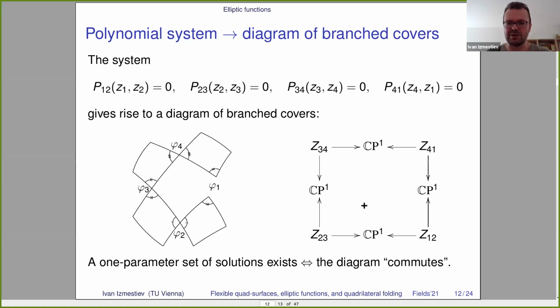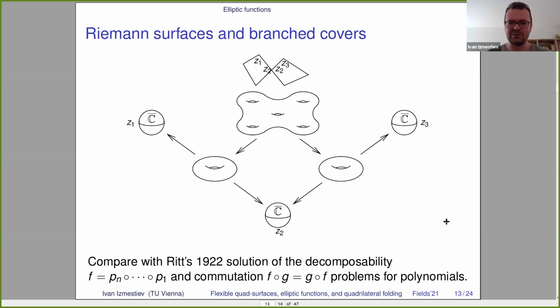At some point you have to analyze the monodromy of these branched covers and see that some cases are excluded. So the problem consists in classifying all flexible cases. In particular, you have to show that there are no other cases than those that you have described. All right.